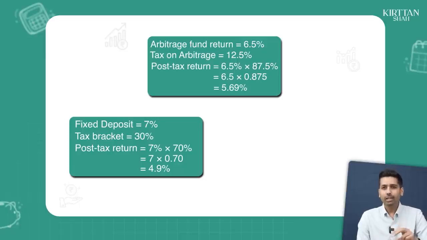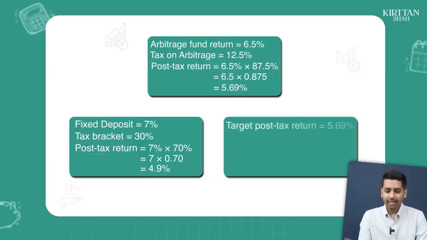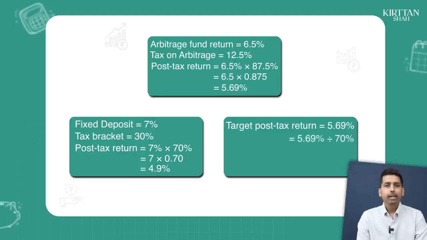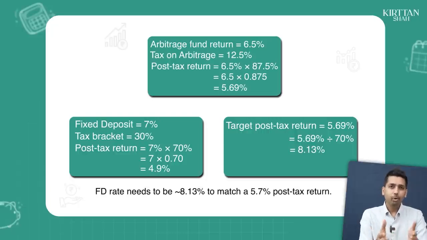If I have to show you this slightly differently, let's say I divide 5.7%, which is post-tax, by 70%, which means that your fixed deposit has to pay you 8.13% interest for you to be able to match the post-tax return of an arbitrage fund.